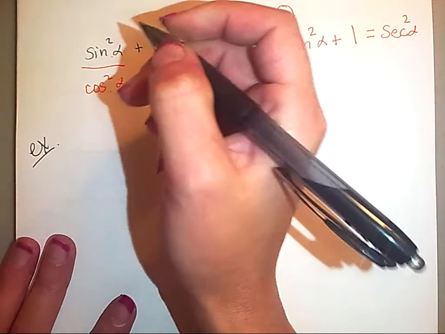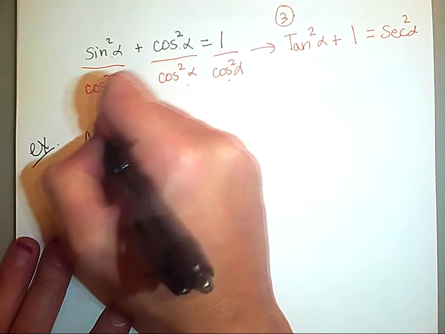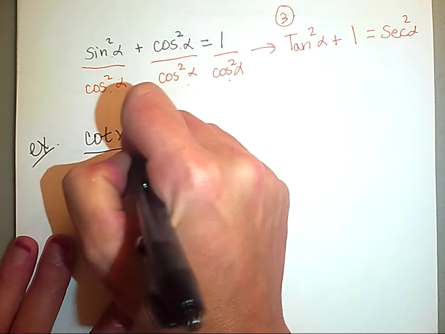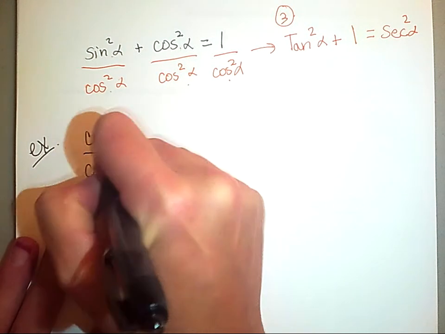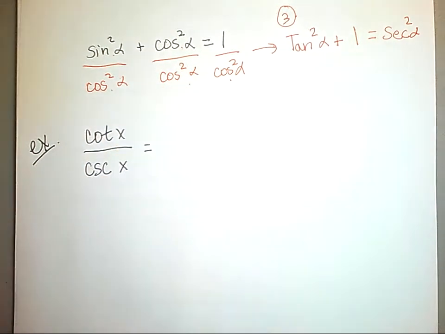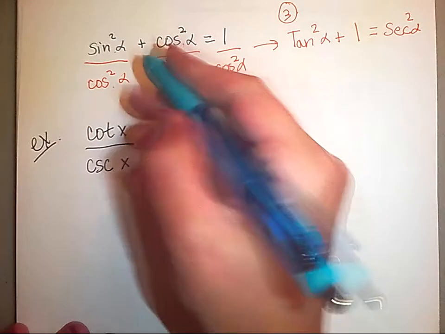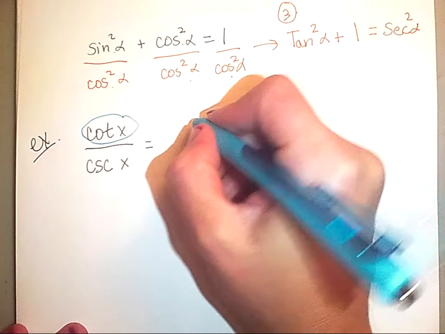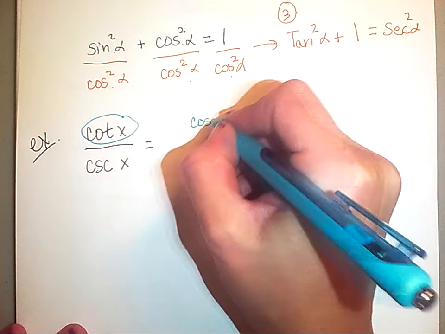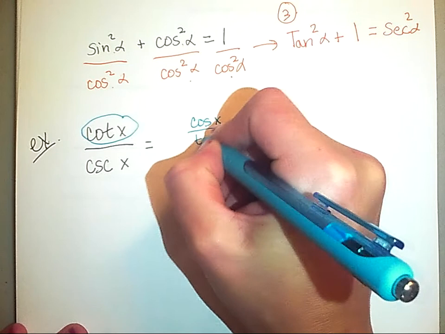So let's say we wanted to simplify the cotangent of x divided by the cosecant of x. Well, one methodology for simplifying these things is to turn everything into sines and cosines. So if I do that, the cotangent of x is the cosine of x over the sine of x.